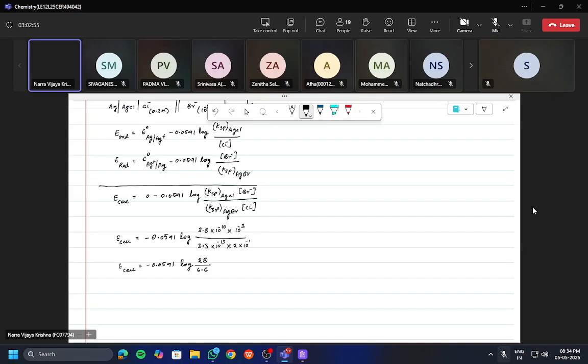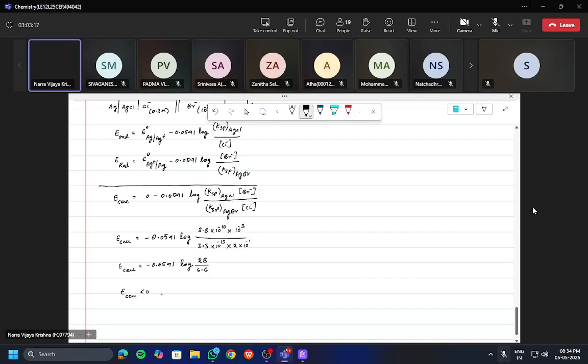Now 28 divided by 6.6, is the value greater than 1 or not? If it is greater than 1, is the log positive or negative? Log 1 is 0. Log greater than 1 is positive. So E of cell is less than 0.